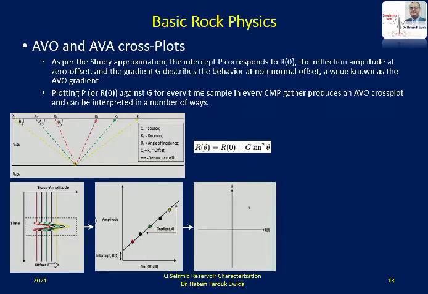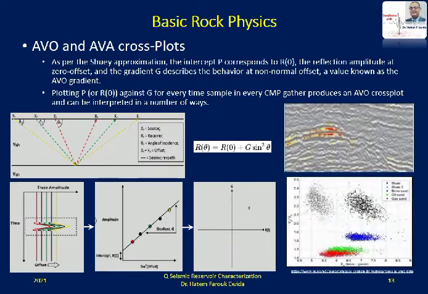Going further, so what happened after that? We can plot this P naught or R naught against the gradient, and if I plot them against each other, I can locate from the amplitude my data in it, and this data will represent the lithology: shale, sand, gas sand, whatever.